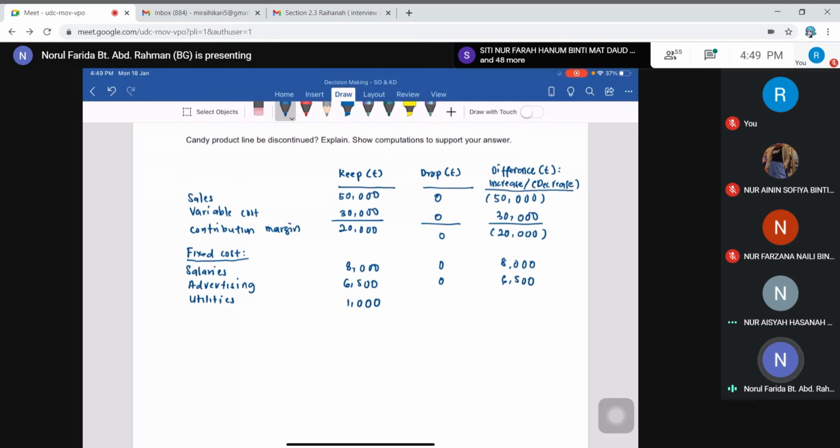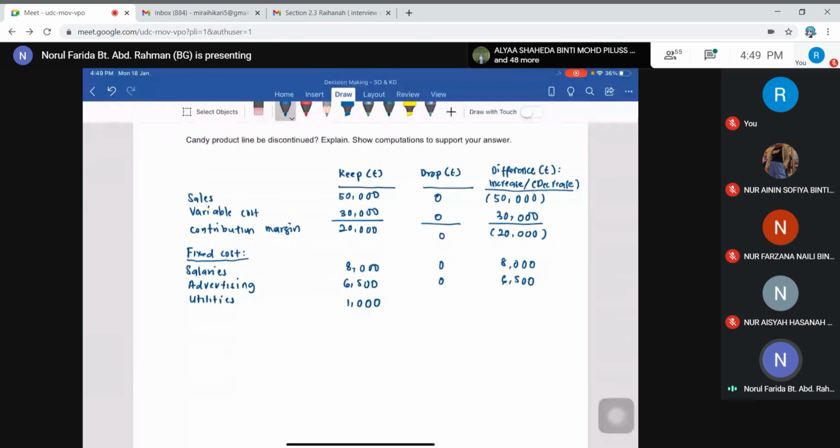Utilities itu masih kena bayar sebab dia adalah produk line dalam satu company. So contoh macam utilities, your bill utilities dia bukan datang untuk setiap produk. Utilities bill tu dia datang untuk the whole building. Okay, the whole building consists of different department. So bill itu masih perlu dibayar, department lain masih guna.